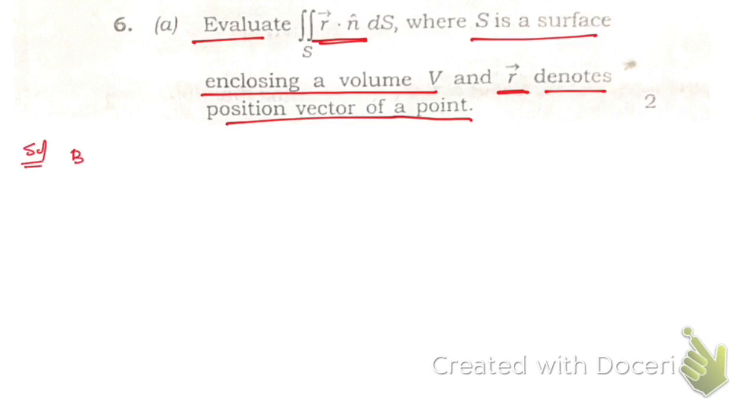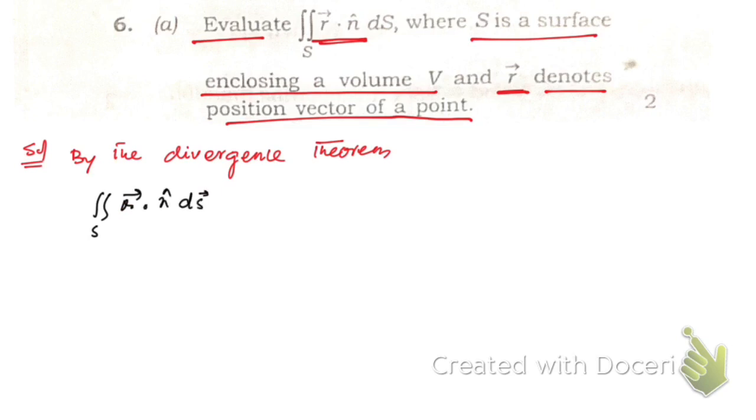By the divergence theorem, what are we going to have? The surface integral of r vector dot n cap ds will be equal to the volume integral of the divergence of vector r dv.